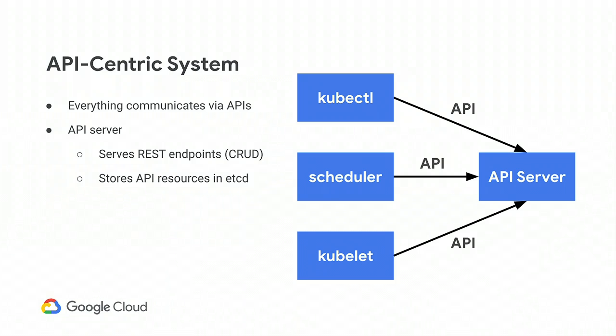It also stores the API resources, the objects, in etcd. Almost all the components in Kubernetes, such as the client like kubectl, the control plane component like scheduler, and the node agent like kubelet, have to talk through the API server. They have to send a request to the server for processing.